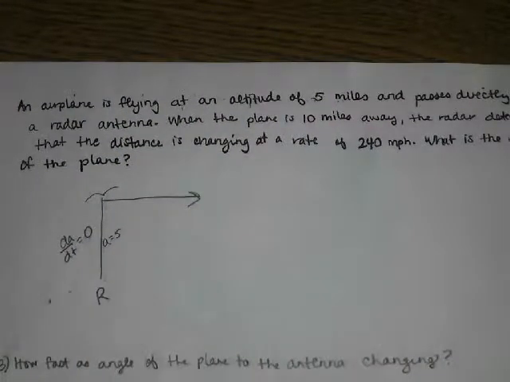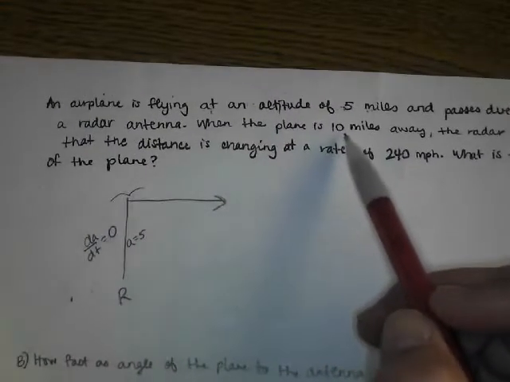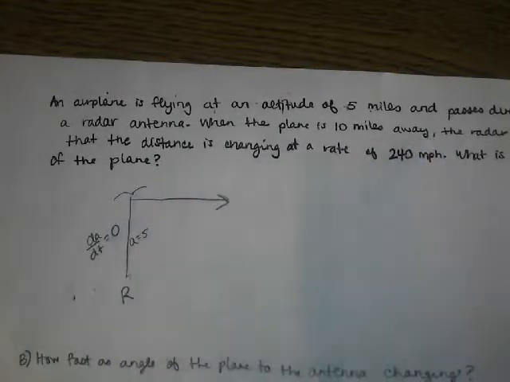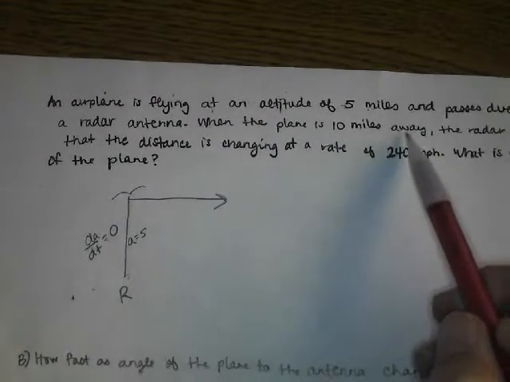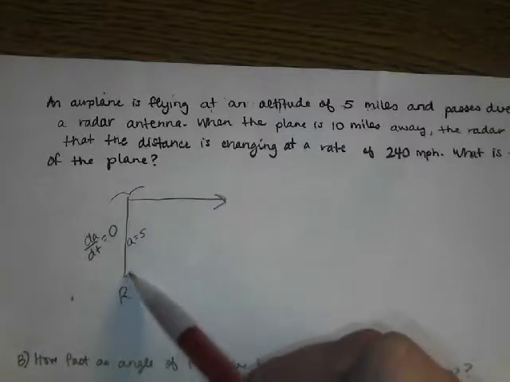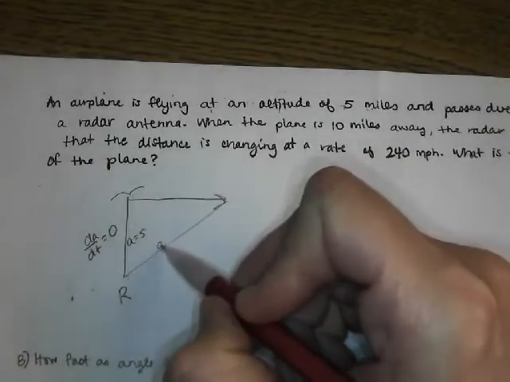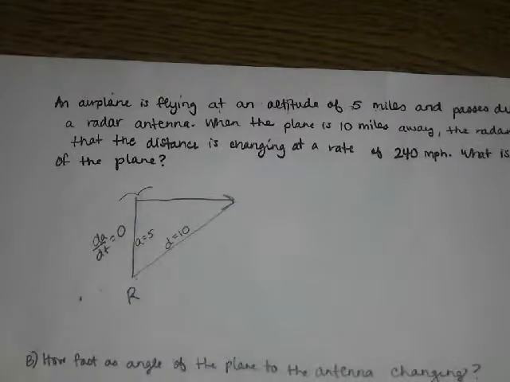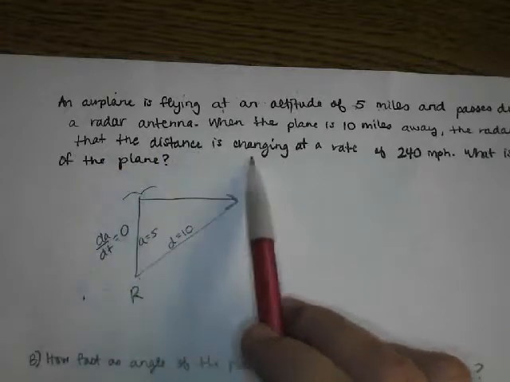When the plane is 10 miles away, I'm assuming from the radar, so I'm assuming that distance d is 10. The radar detects that the distance is changing at a rate of 240 miles per hour.